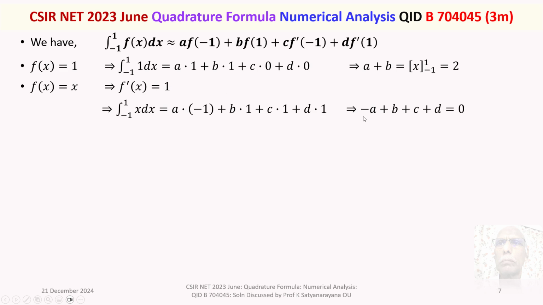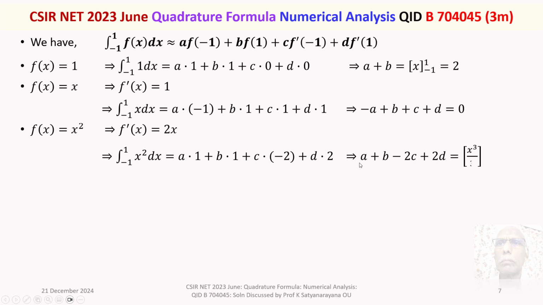Thus, you get the equation -a plus b plus c plus d equal to 0. In a similar fashion, f(x) equal to x square, f'(x) equal to 2x, and we substitute the values and evaluate, and we get the equation a plus b minus 2c plus 2d, and the integral of x square is x cubed by 3 evaluated between the limits -1 to +1. You will get the answer 2 by 3.